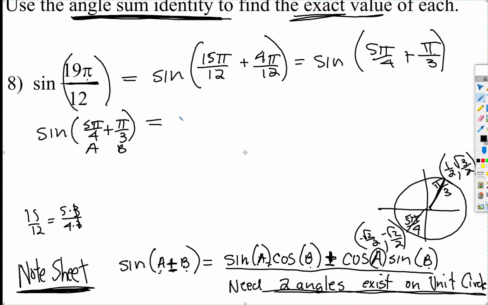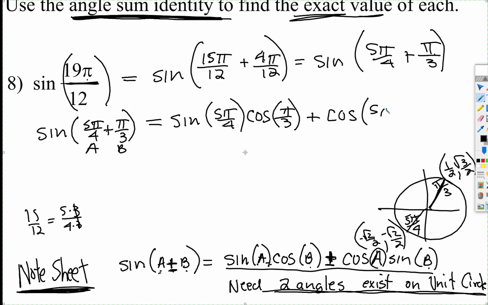So it says sine of A, so sine of 5 pi 4ths times cosine of B, pi thirds. Then since this is add, we're going to add cosine of A times sine of B. All right, now we use the unit circle.